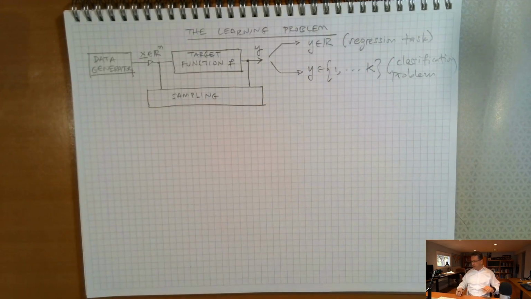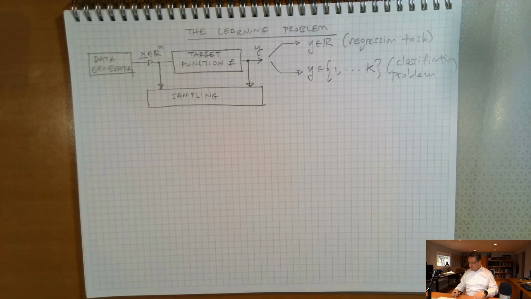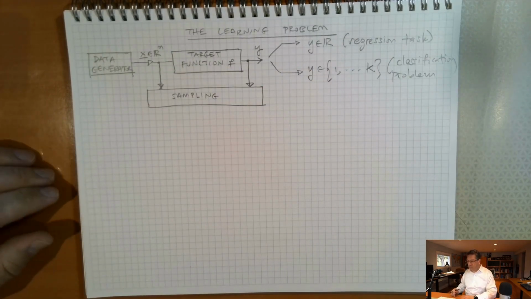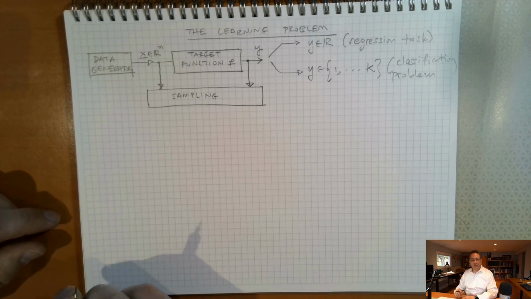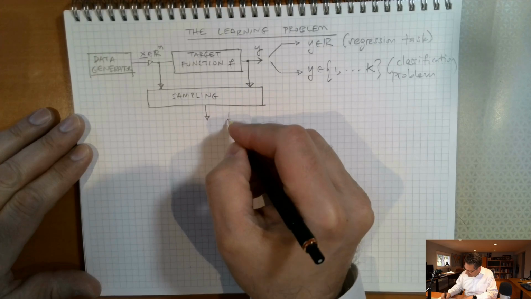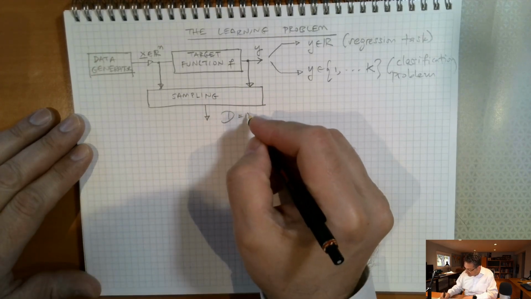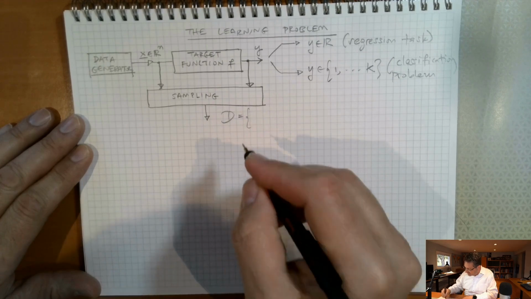So the sampling block, out of the infinite mappings of X and Y, samples a few that we will call with this calligraphic D symbol, and it will be called a data set.